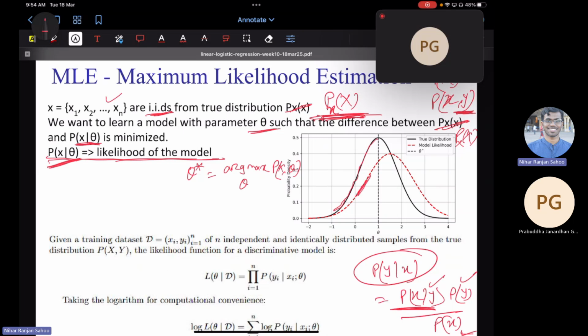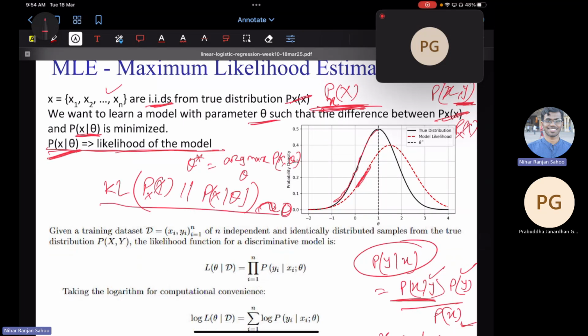Our target is to bring these two distributions as close as possible. The KL divergence between p of x and p of x given theta should be as low as possible, close to zero. So this is our target in maximum likelihood estimation.